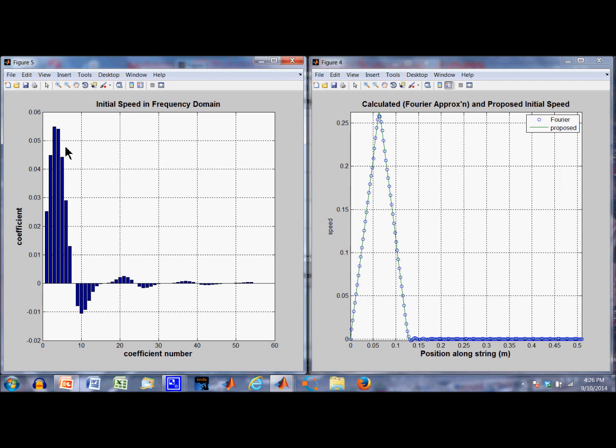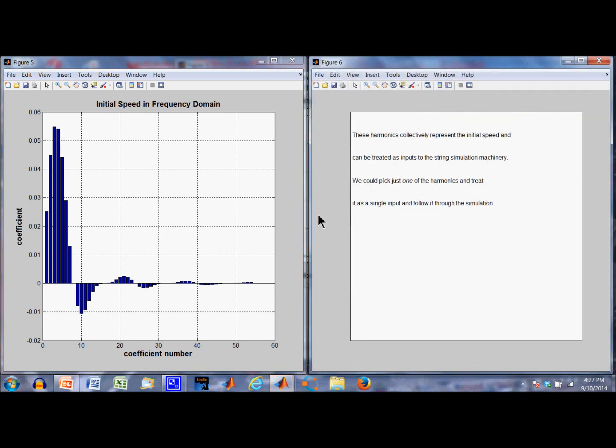I mention this because you could look at an individual harmonic here and treat it all by itself as an input to the string dynamics machinery, and just follow it through the simulation.